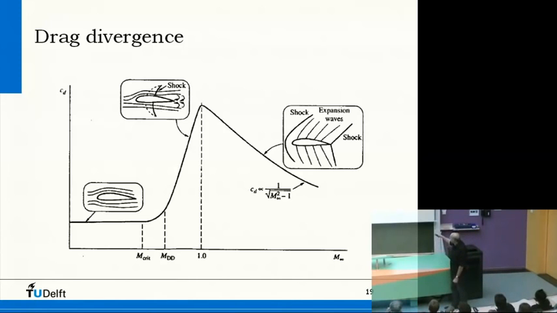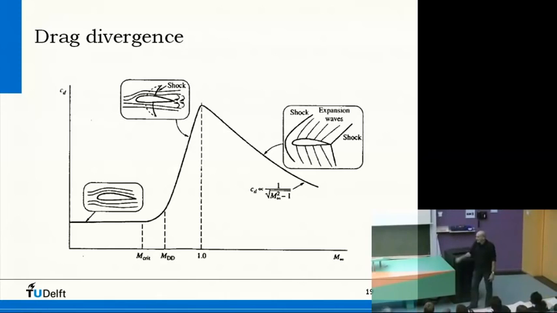So, and of course, if you are developing an airplane, this, of course, is worrying. If you reach this here, then, of course, you lose a lot of fuel without any very big velocity increase. Right? So you should avoid that.